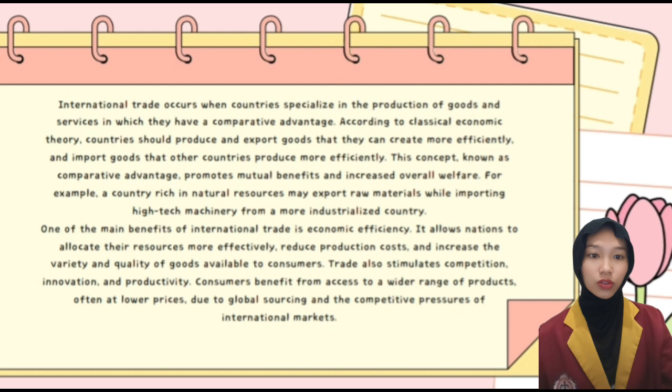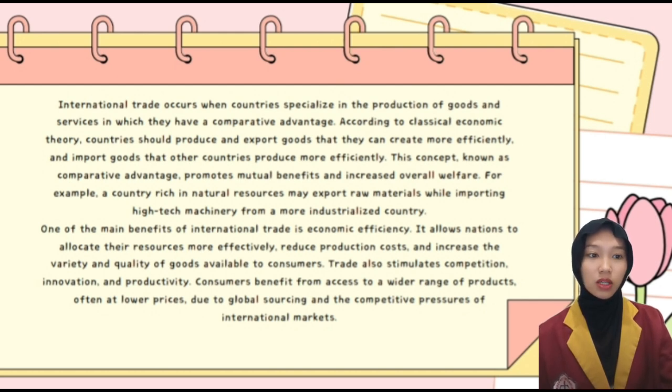International trade occurs when countries specialize in the production of goods and services in which they have a comparative advantage. According to classical economic theory, countries should produce and export goods that they can create more efficiently, and import goods that other countries produce more efficiently.